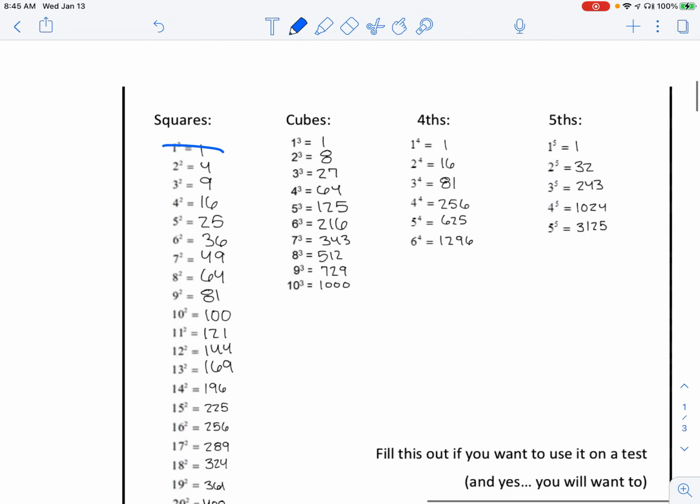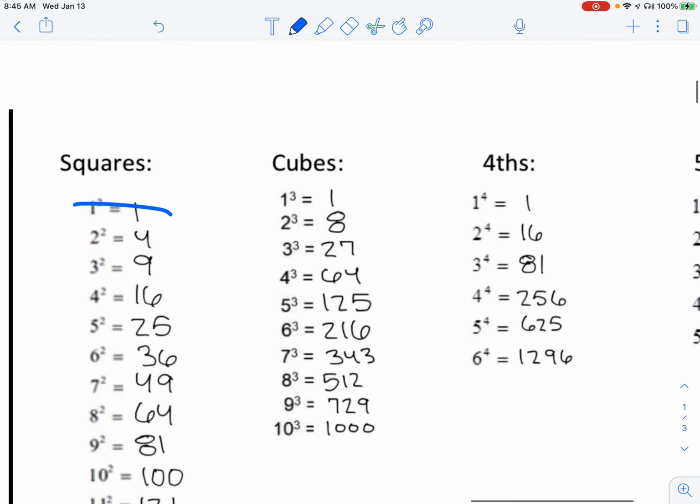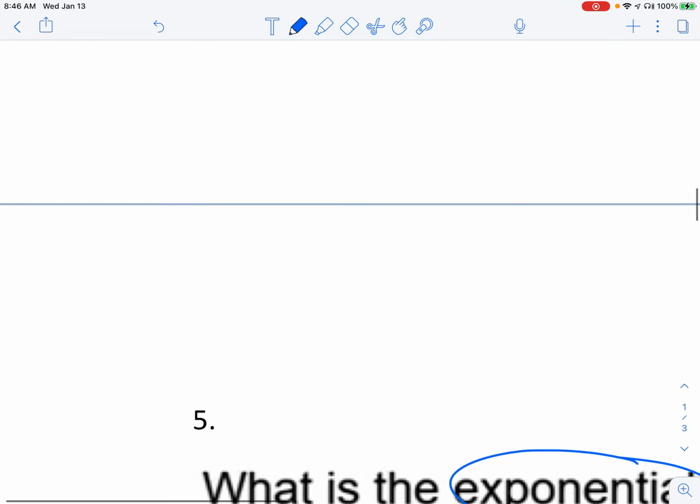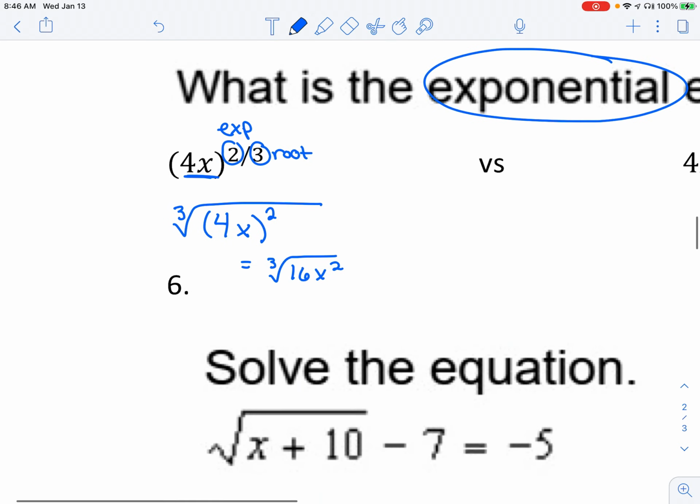I know my cubes, so I know that 8 is in 16. I'm going to have to divvy this up to be 8 times 2. I don't have enough x's to pull any out. So the cube root of 8 and the cube root of 2.